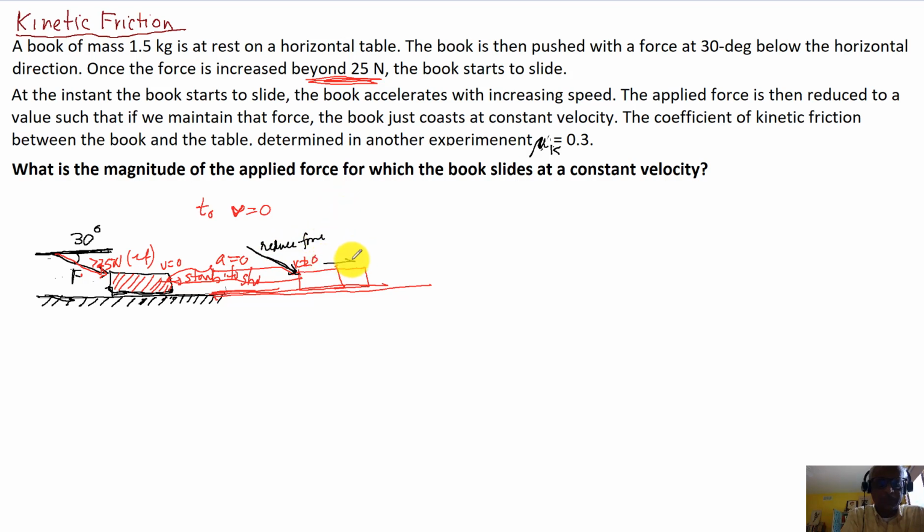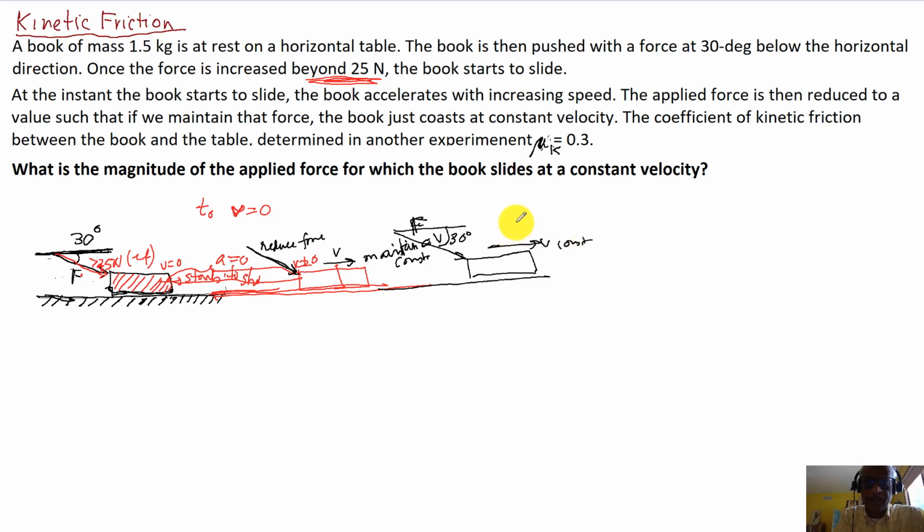So it has a V, and you reduce force, and you just maintain V constant. So over here it is sliding at constant velocity and by F, which is still at 30 degrees. But it's not accelerating. It's going at V constant and acceleration equal to 0.